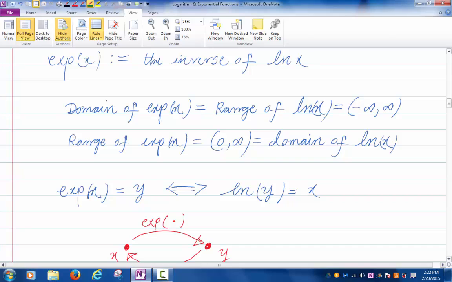Exp is always positive because the domain of ln is all positive numbers. Now, being inverses, they undo each other. It means that the exp function takes x to y if and only if the ln function takes y back to x.